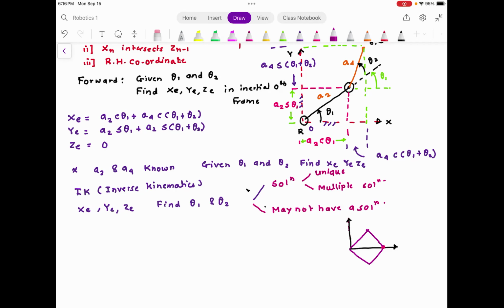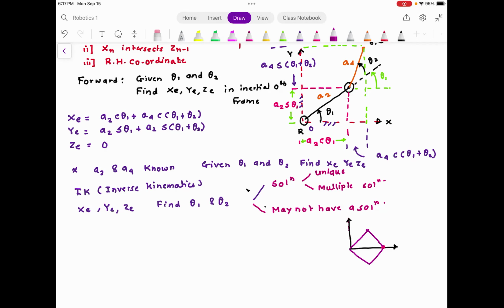So for that, we do something called workspace analysis, which means we identify all the possible joint values that the robot can have. And we solve the inverse kinematics, and it will give us maybe 3 or 4 angles. Out of those, we choose the correct sequence of angles that is feasible. So this is how the inverse kinematics works.